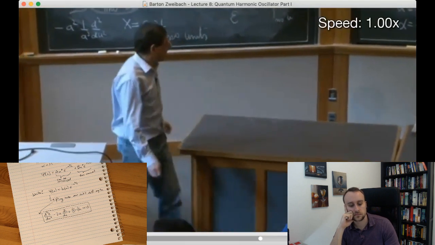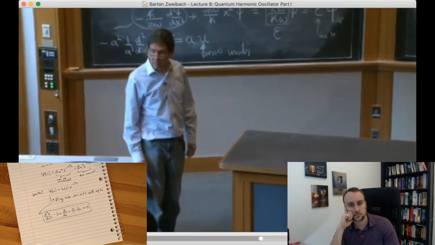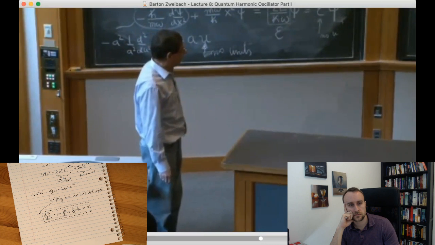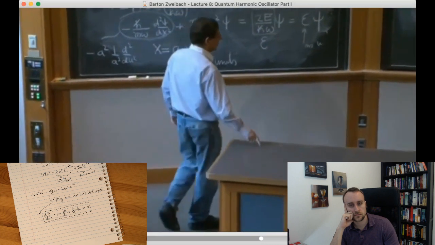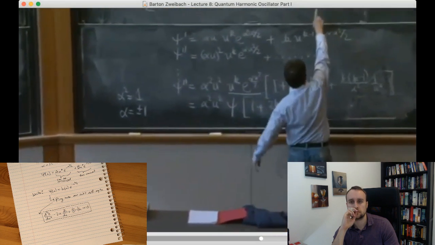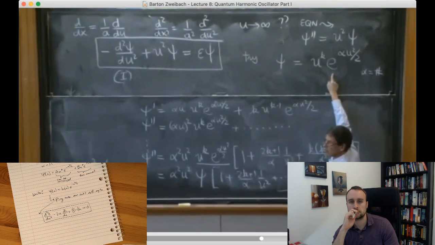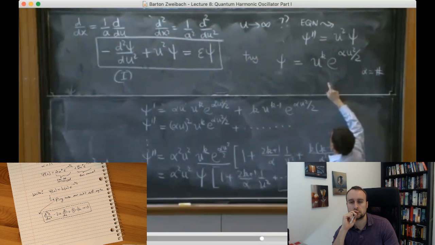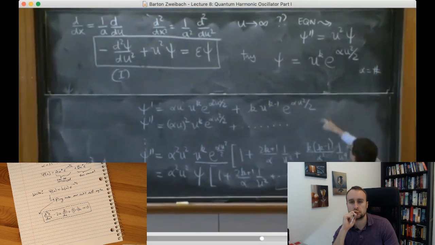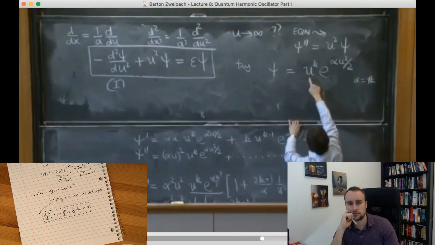Yes. The equations are linear, so can we say we have e to the minus u squared over 2, and you stuck in that u to the k? I'm sorry, it's here, this thing? Yeah. You didn't just power series what's going on at 0 with those u to the k terms? No. This is the behavior as u goes to infinity.